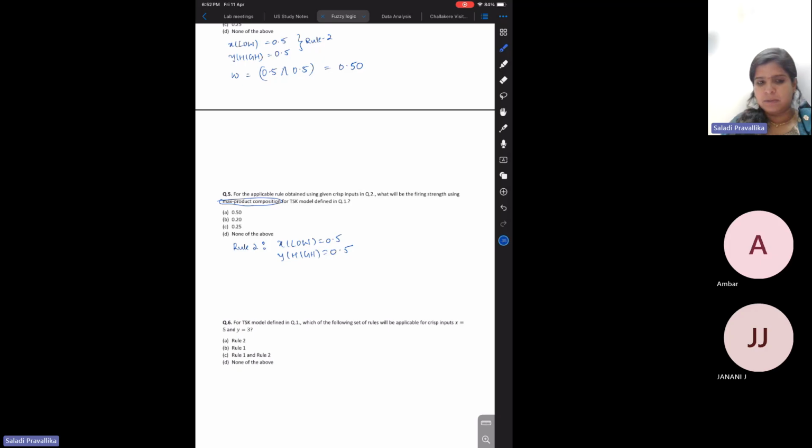When we take the max product composition, we take the product of both the membership values that we have, right? So W is going to be 0.5 product 0.5, which is equal to 0.25, which is C. Very good, Amber.